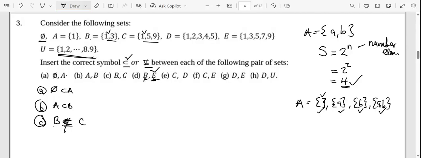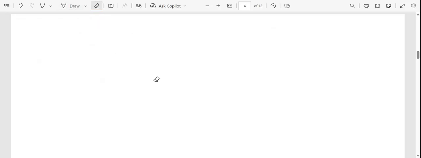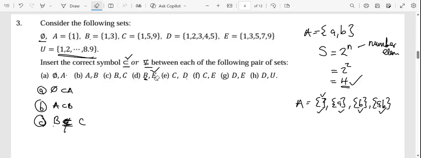All right. So going to C and D. If you look at C and D, what is happening? First, so that I can control you in case you make a mistake.